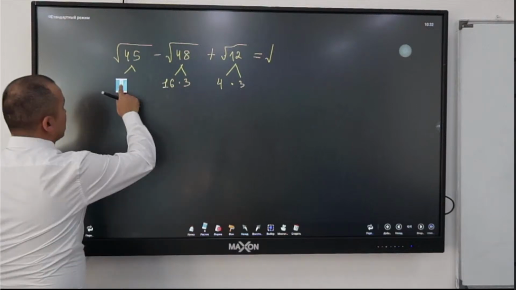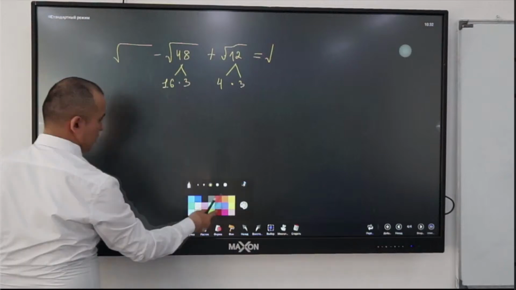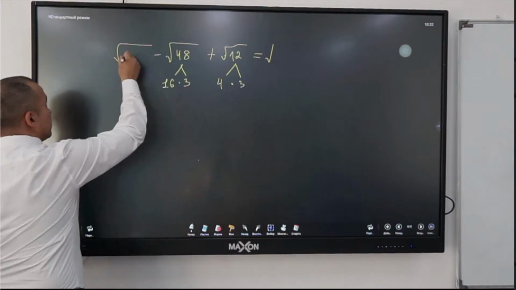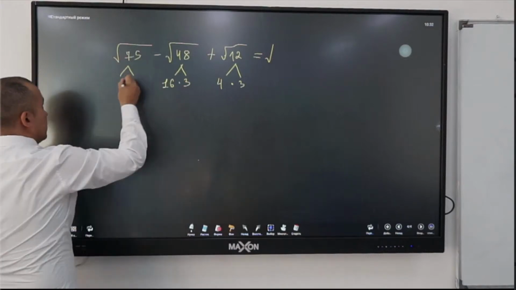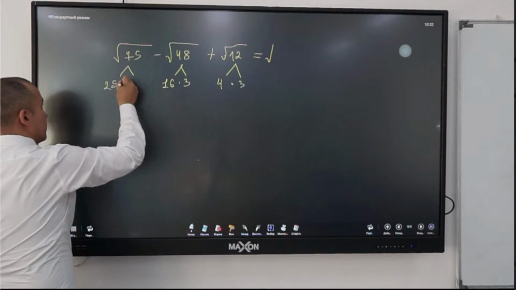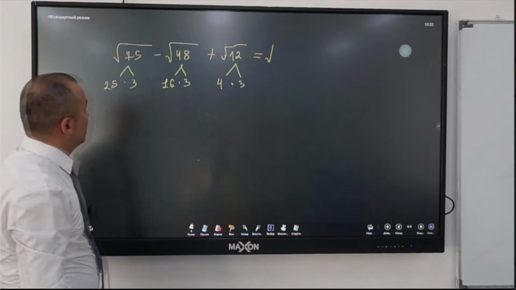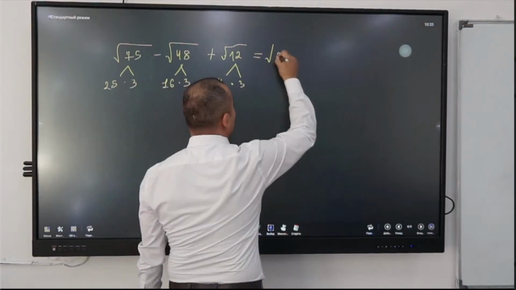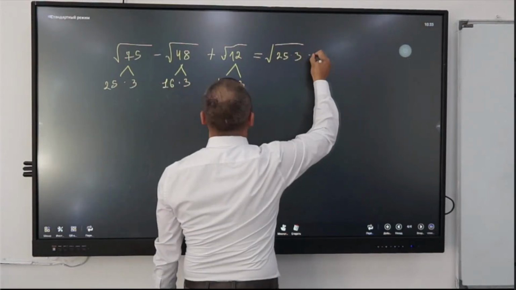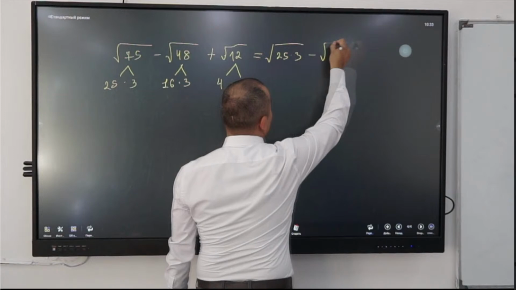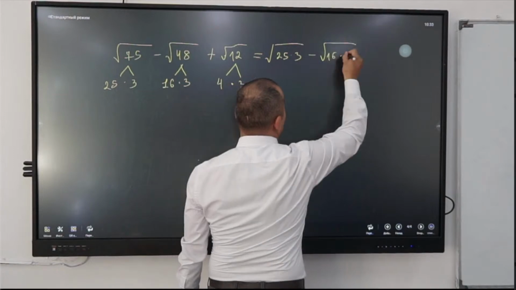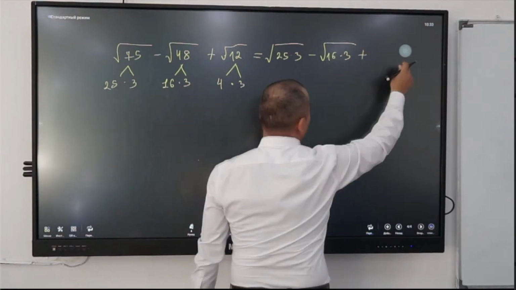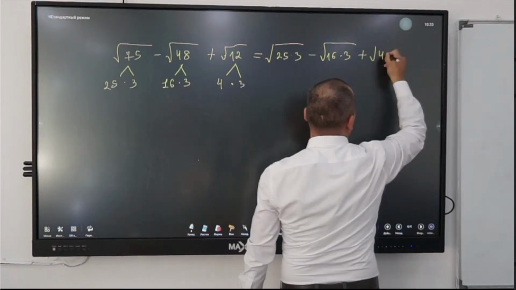Then we can't write 45 like that, so we can write 75, sorry, 25 times 3. Okay, root of 25 times 3, minus root of 16 times 3, and 12 we can write like 4 times 3.